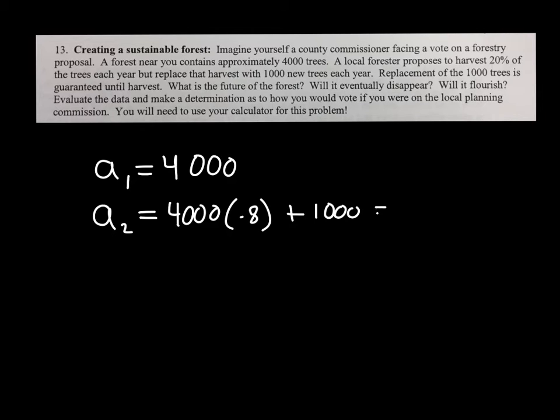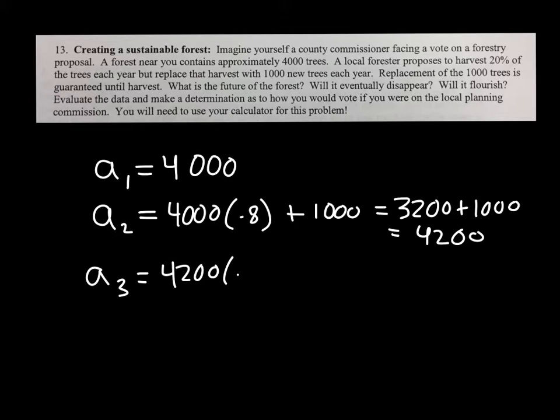That 4,000 times 0.8 will be the trees remaining after you harvest 20%, plus the 1,000 that we're replacing. If we think about that, we get 3,200 plus 1,000, which is 4,200. We could do this again. The third year would now be 4,200 times 0.8 plus 1,000.